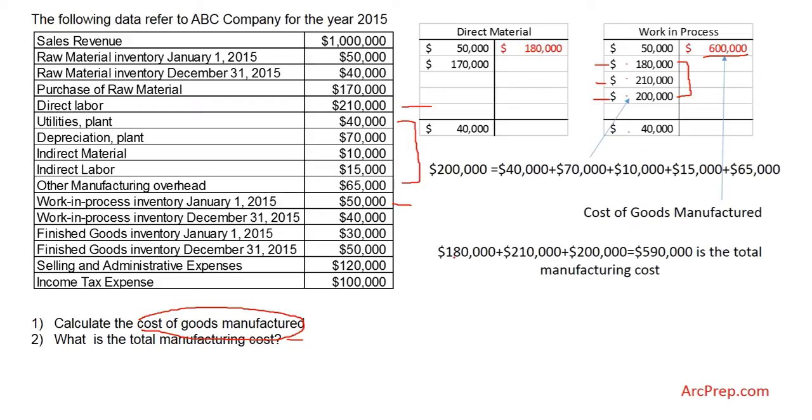So in this case, that is equal to direct material that we calculated, direct labor right here, and overhead. And overhead, the 200,000, is the sum of, again, these items right here. So I know total manufacturing cost, but most importantly, I know cost of goods manufactured, because I'm going to use cost of goods manufactured to calculate cost of goods sold on the next slide.